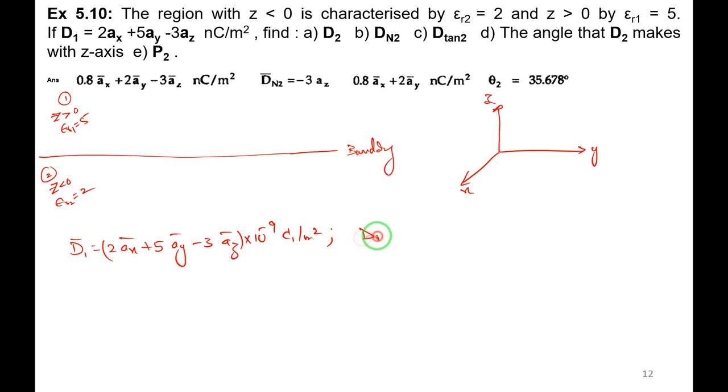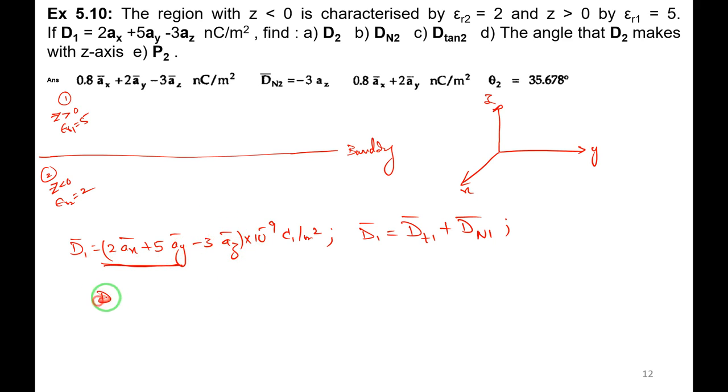So D1 vector is equal to the tangential component Dt1 plus the normal component Dn1. Is it fine? We have to identify these. Since the boundary is lying in the xy plane, x and y will form the tangential component and this will form the normal component.